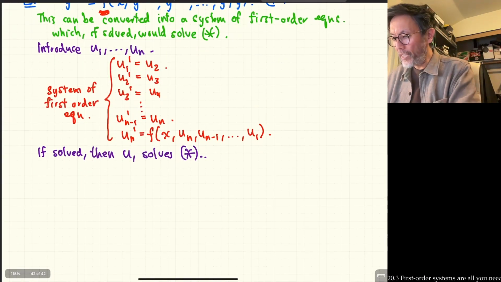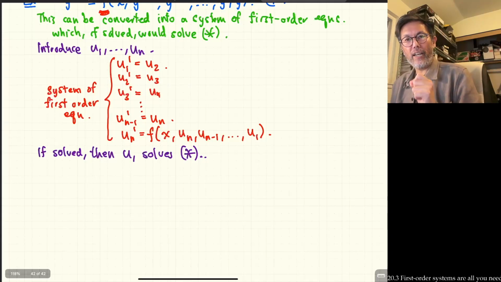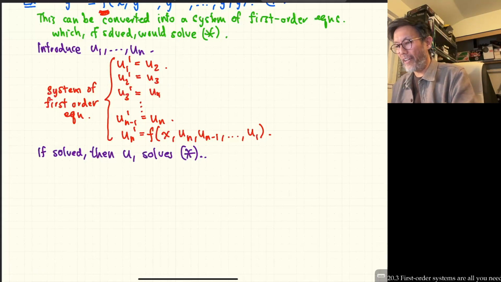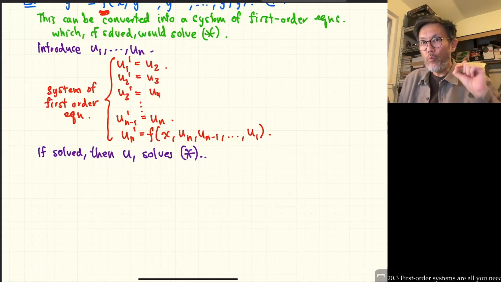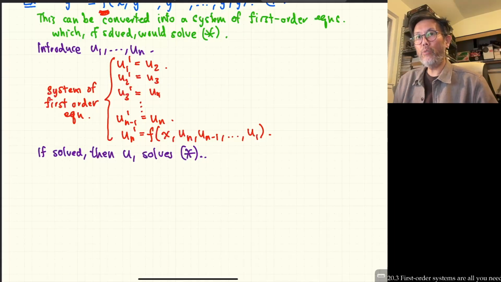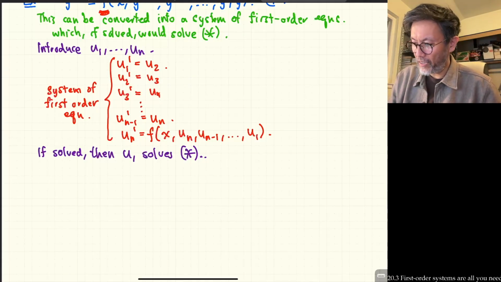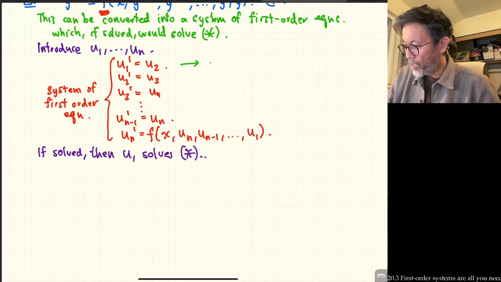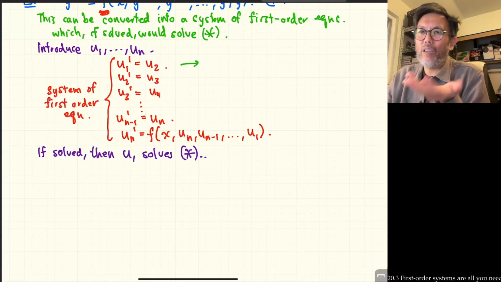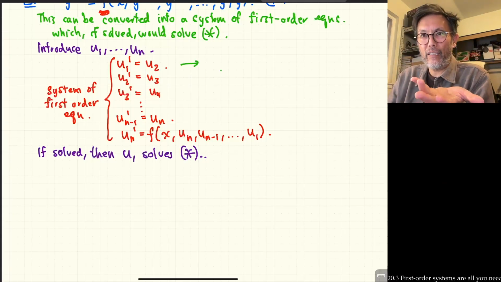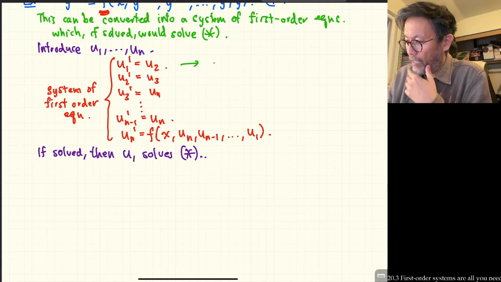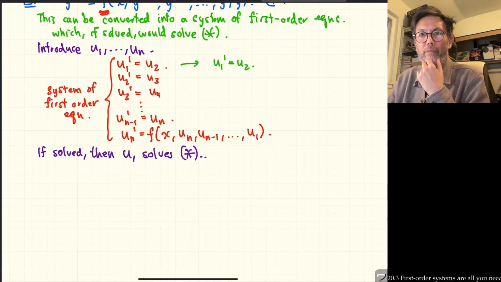The first equation is essentially saying that u2 is u1 prime. No kidding, right?